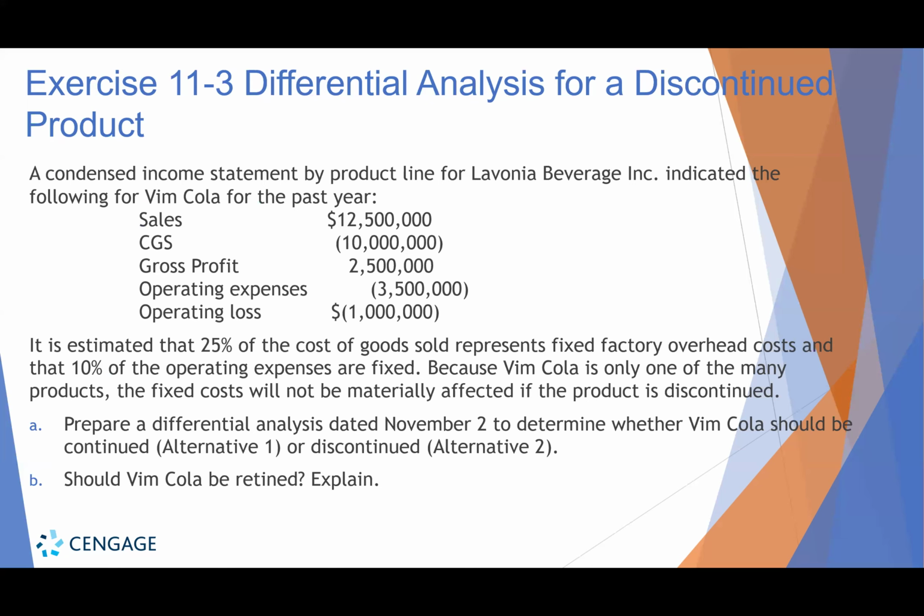It's estimated that 25% of the cost of goods sold represents fixed factory overhead cost, and that 10% of the operating expenses are fixed. Because Vim Cola is only one of the many products, the fixed costs will not be materially affected if the product is discontinued.